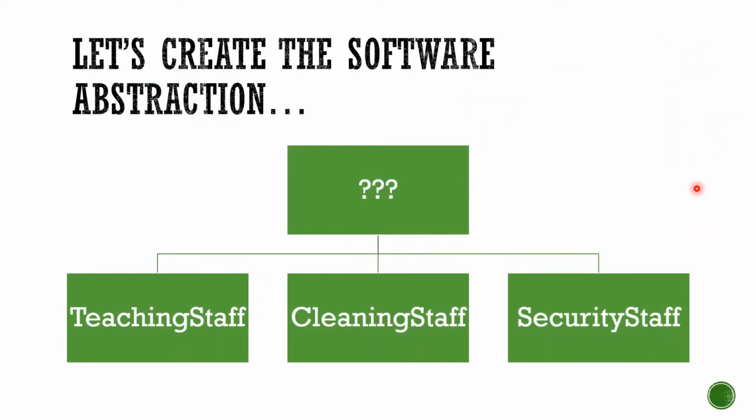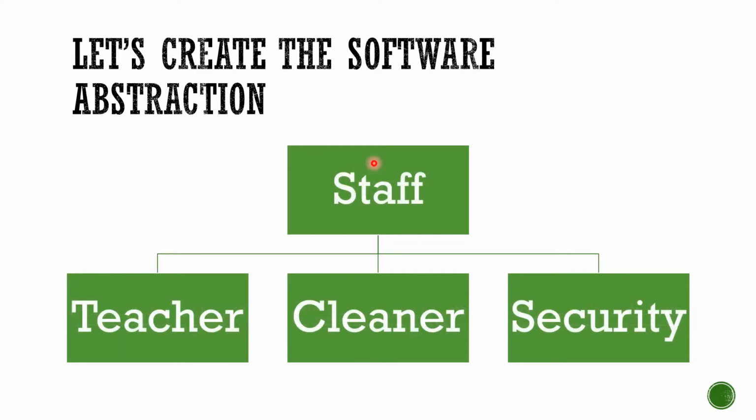Now let's try to implement this in software. We see our system actors have some common traits. We try to identify that here. Let's call it staff. We have three concrete implementations: teacher, cleaner and security.